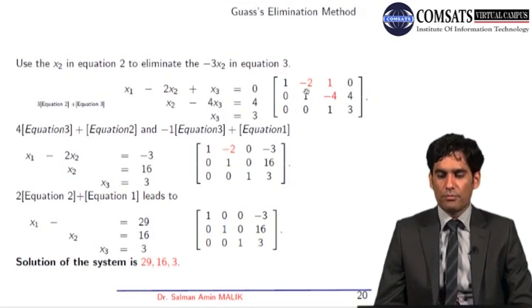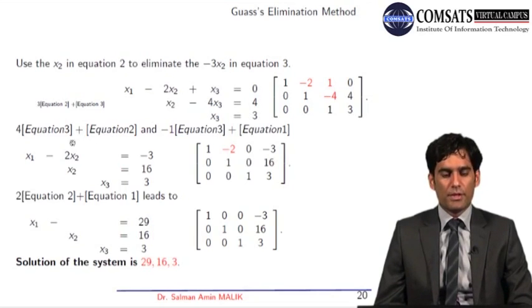Next, we want to make zeros of these red entries. Although we can have the solution of the system of linear equations from here, we want to make the x3 coefficient in the first equation and the minus 4 x3 coefficient in the second equation 0.